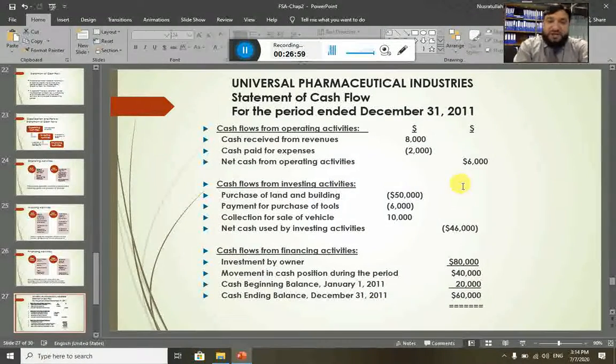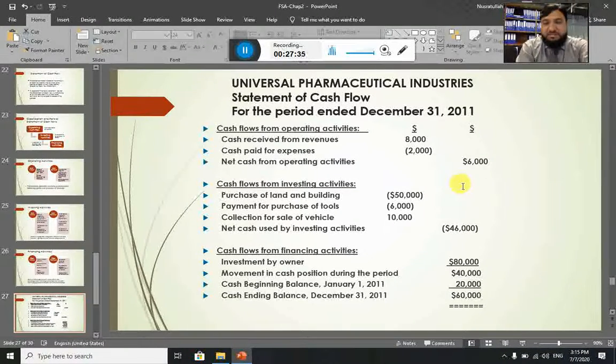Next we have cash flows from financing activities. Investment by owner is an inflow: 80,000 investment is made by the owner, an additional investment. The movement in cash position during the year comes from the statement of changes in equity. The cash beginning balance is given at the beginning; we can take this figure from the balance sheet or from the cash flow statement of the previous year. That is 20,000.